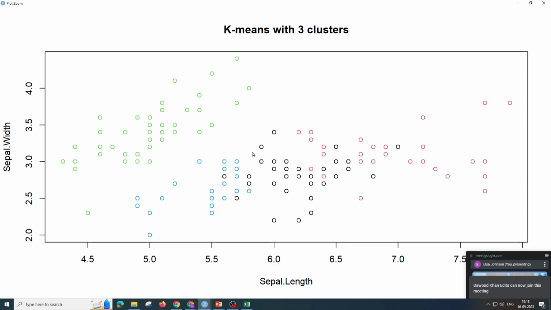So there is one particular class which is very much different from the other classes. That's why we are getting the green like this. Now the other classes you can see are intertwined between the other clusters, so it's difficult to cluster them, right?